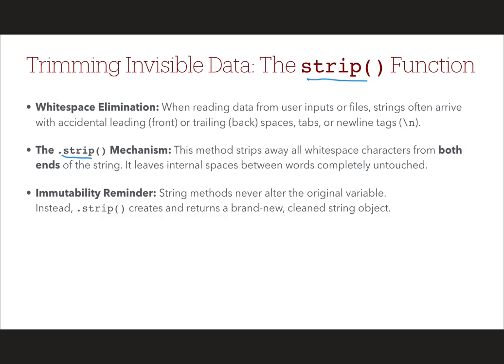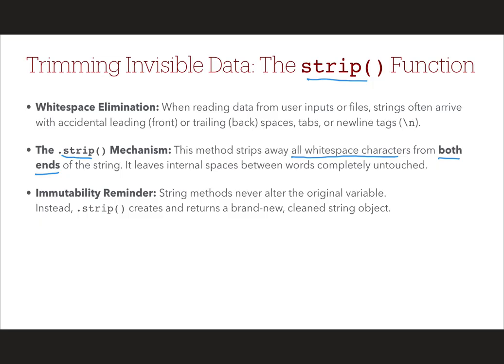So it will eliminate all white spaces from both ends of the string. Only white spaces in the beginning and in the end of the character string. It does not touch any white spaces in the middle.